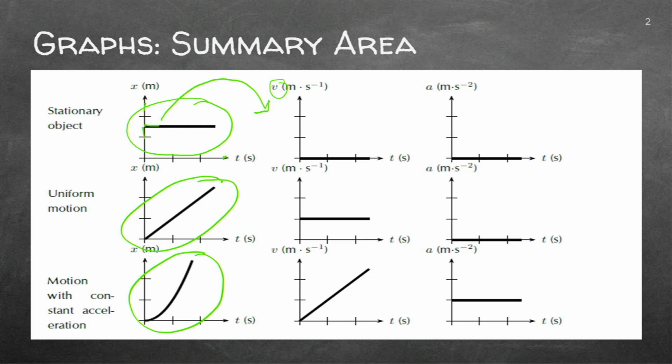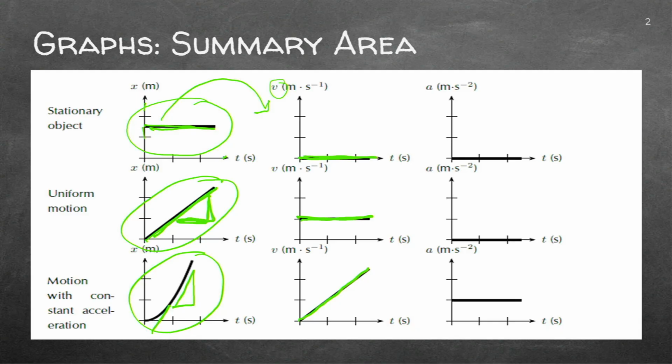So you'll see that this one won't have any gradient, therefore the velocity is actually 0. This line will have a gradient, and I can calculate it, and it will be a constant velocity. And because this one is changing, I can work out the gradient there, and therefore the velocity is increasing.